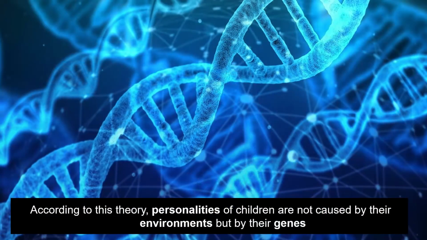He is primarily responsible for the maturation theory of development, and according to this theory, personalities of children are not caused by their environments but by their genes. So it is inherited. When we say biological design, it means it is already there in the body, it is predetermined, and it is also sequential.